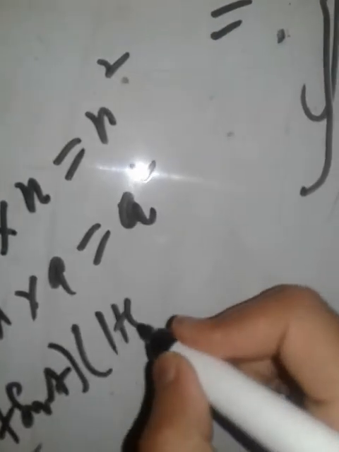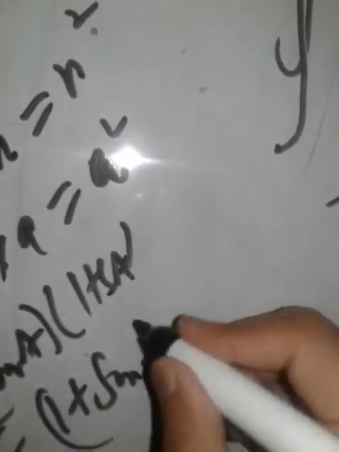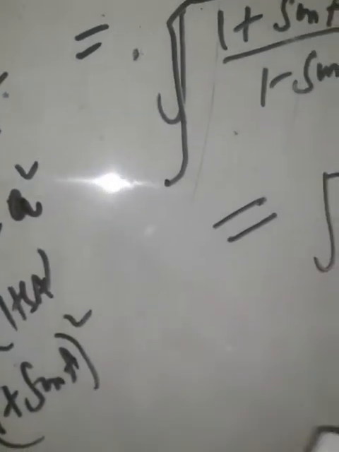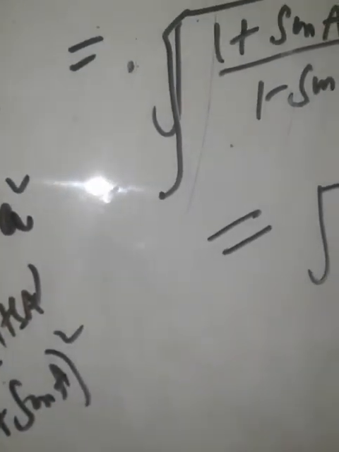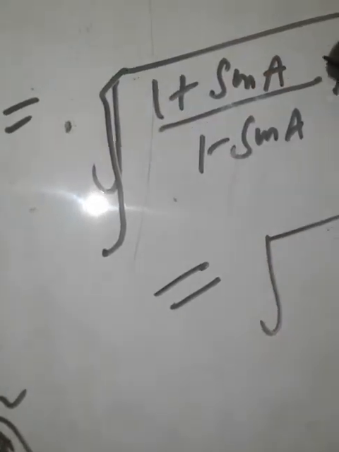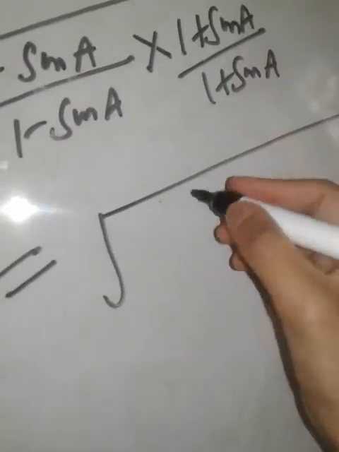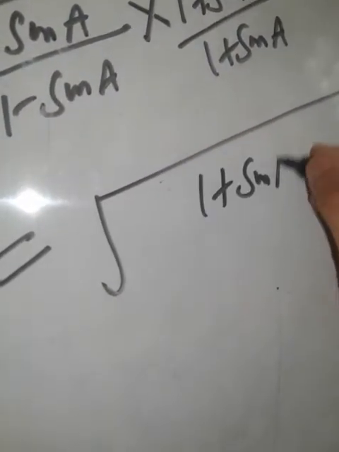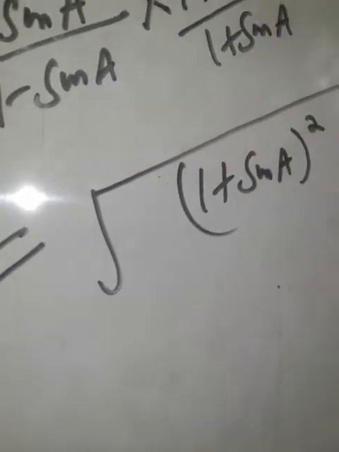In a similar fashion, 1 plus sine a into 1 plus sine a will be equal to 1 plus sine a whole square, because it has been multiplied twice.